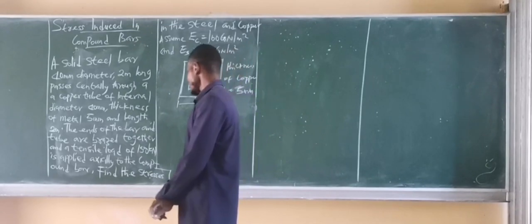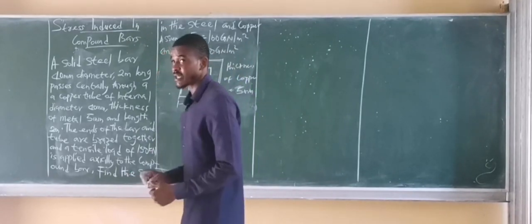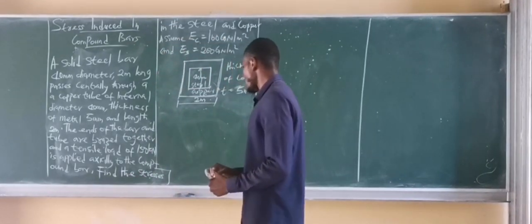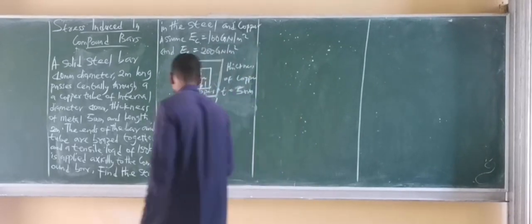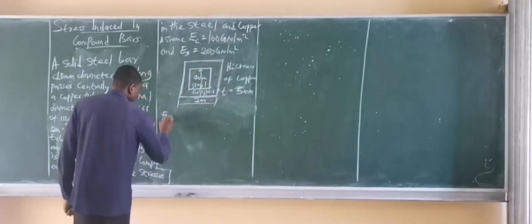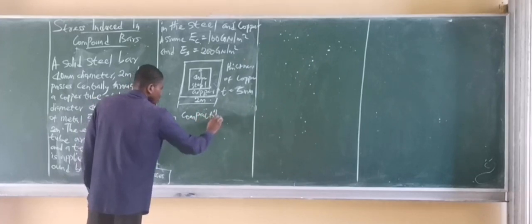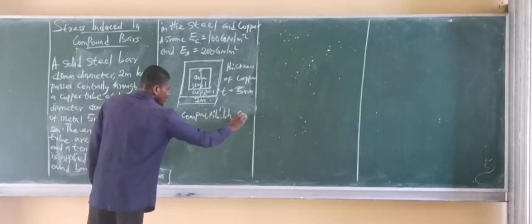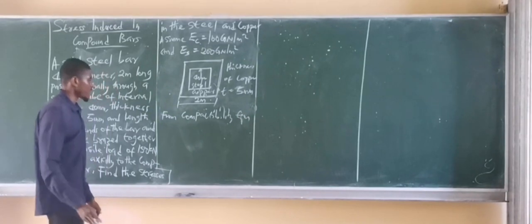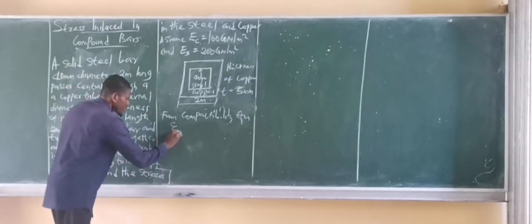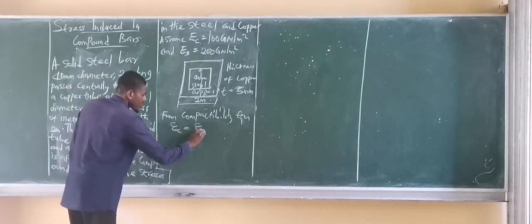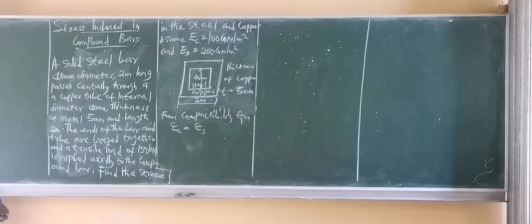Alright. The first thing we realize is that from the compatibility equation, we have that strain of copper must be equal to strain of steel. That's the first thing we point out.